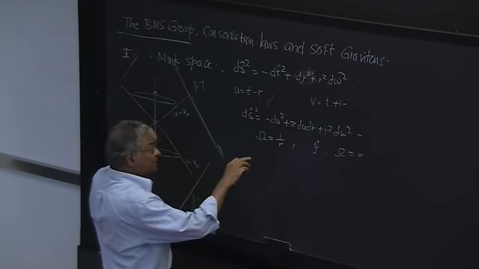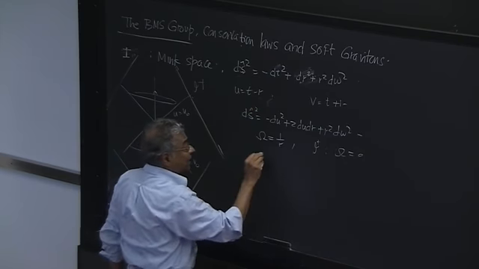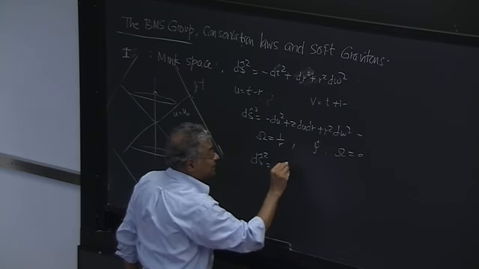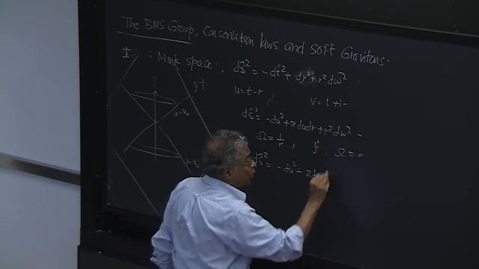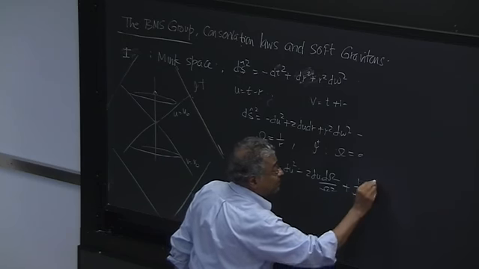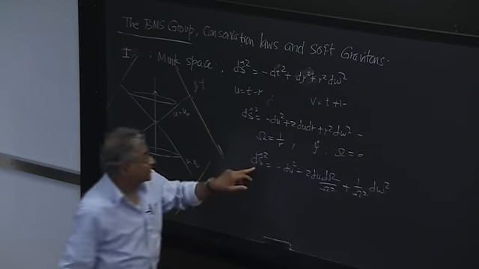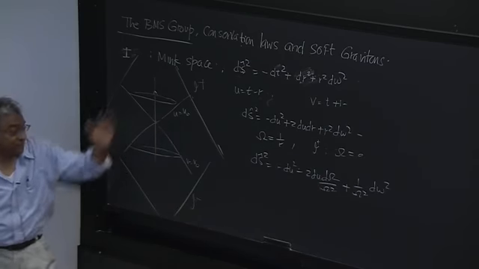So then if I just substitute up here, you will find quickly that d s hat squared will be equal to minus du squared minus twice du d omega upon omega squared plus 1 upon omega squared times d omega squared. So of course, the physical metric blows up. If you go to infinity, the distances become just infinite.